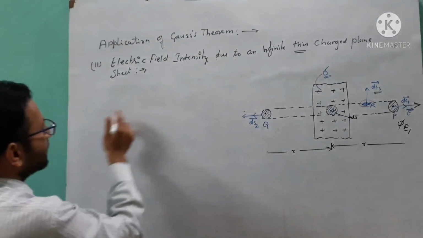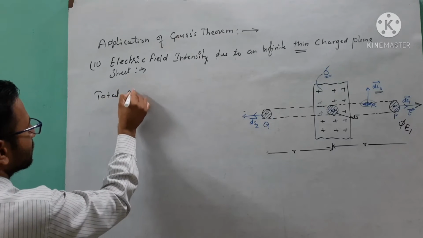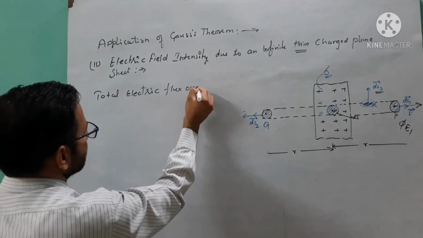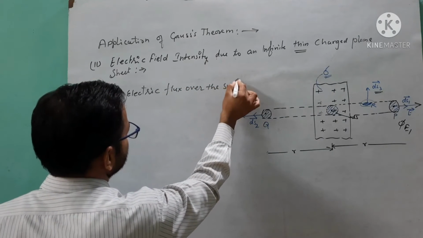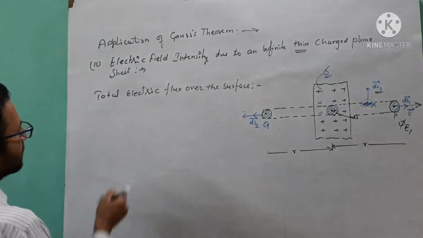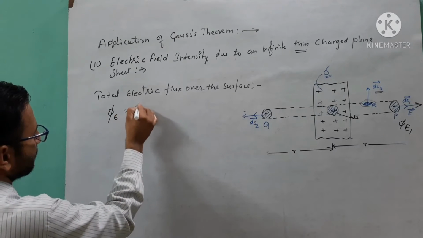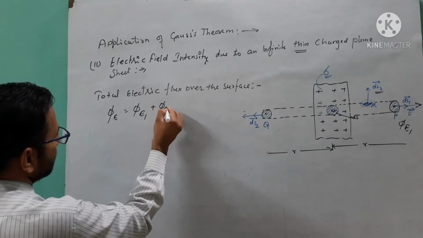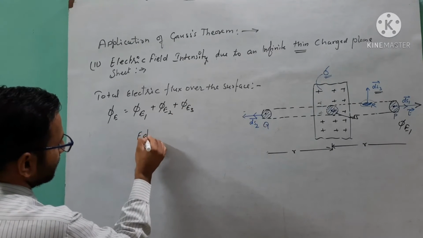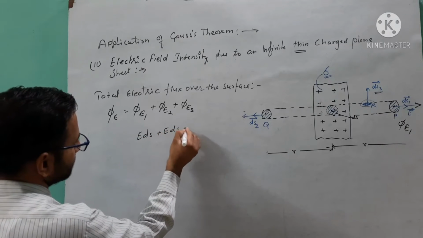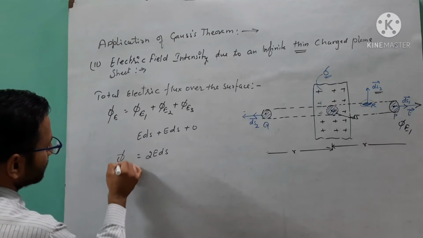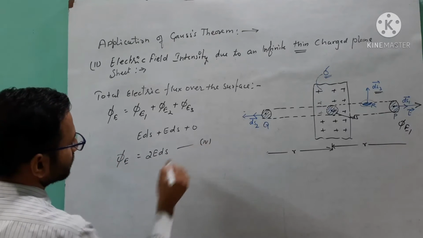After that we will write here the total electric flux over the surface. Total electric flux over the surface is equals to phi E1 plus phi E2 plus phi E3, and you know that this phi E1 is E ds, this phi E2 is E ds, this is equal to 0, and it is equals to twice of E ds, which is equals to phi E. This is our equation 4.